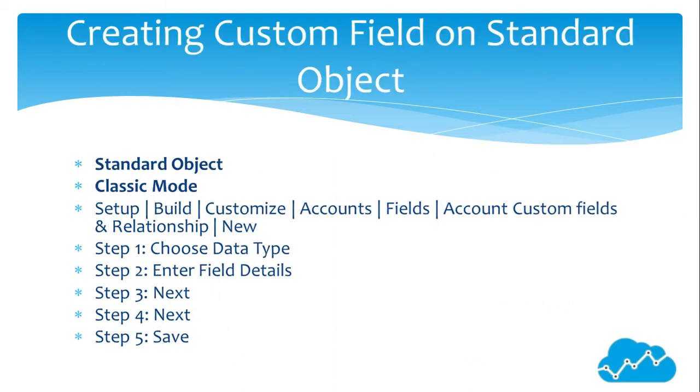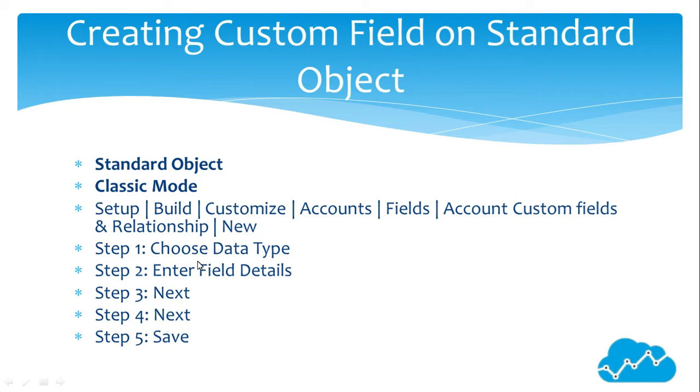Creating a custom field on a standard object in classic mode. For that, we have to click on Setup, Build, Customize, Accounts. This is a standard object. Fields, Account, Custom Fields and Relationships. Click on the New button.